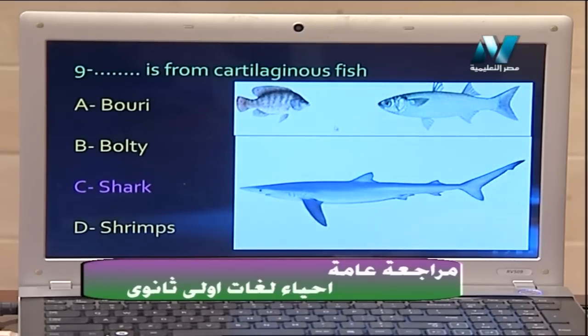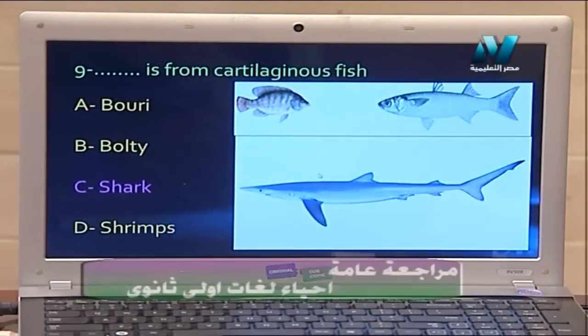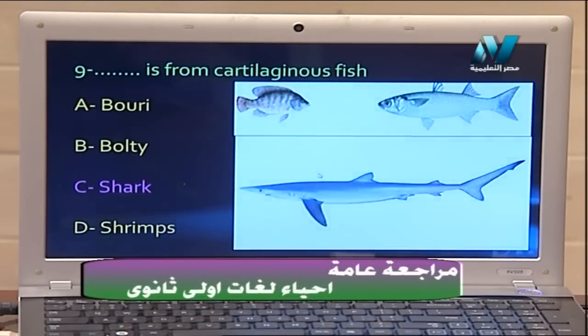The difference between them. لما نيجي نبص على الشارك هنلاقي ان الشارك يا ولادي الجلز بتاعته no cover, has no operculum. الاوبننج واضحة جدا في الصورة لو بصينا عليها. لما نبص للاوبننج بتاعت الماوس هنلاقيها ventral, move downwards. الشارك fertilization here internally, crossing between male and female, has no air bladder.